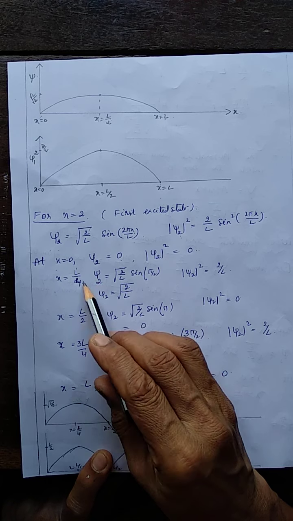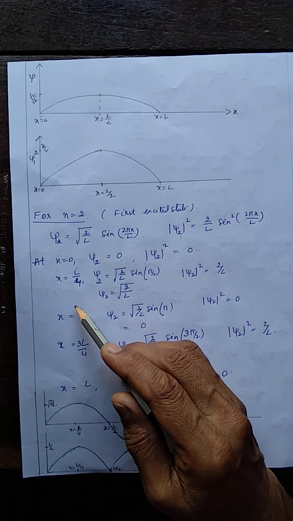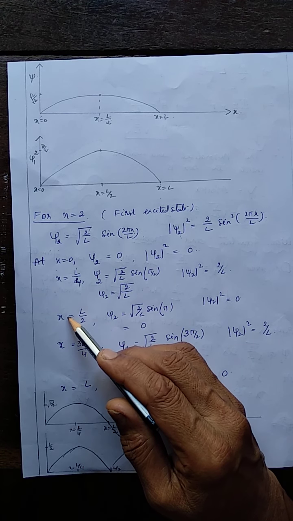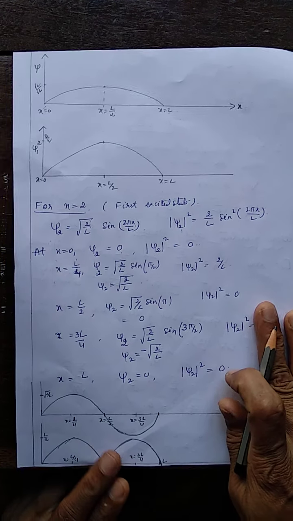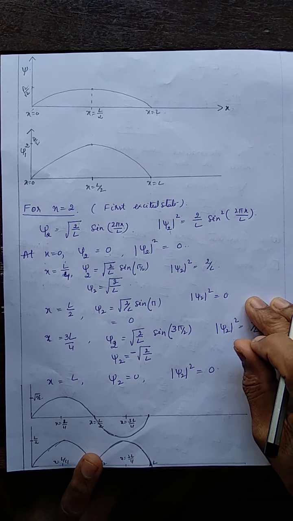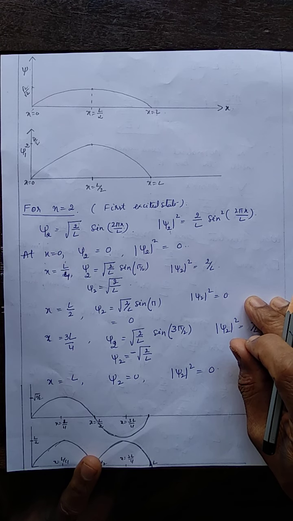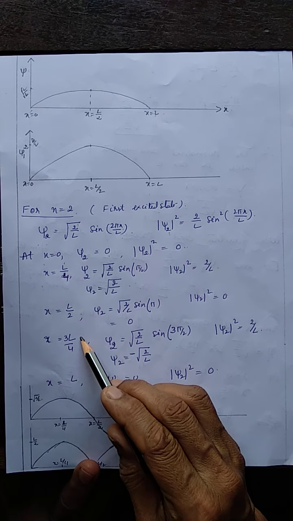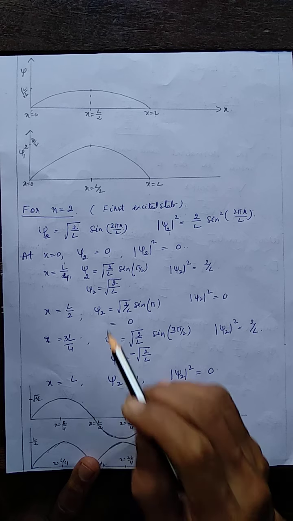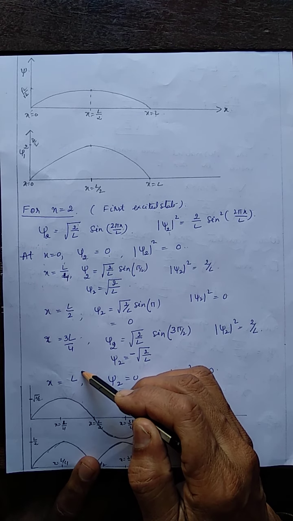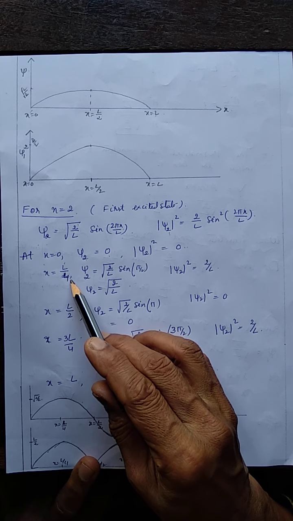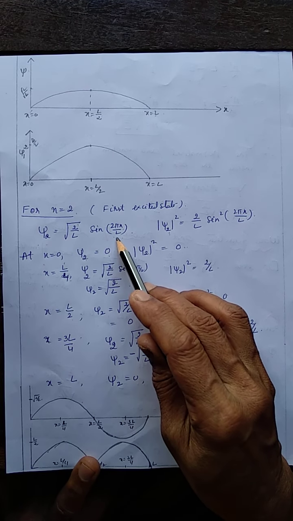Now, for the wave function n equal to 2, we divide the width, 0 to L, into 4 equal parts: L by 4, 2L by 4, that is L by 2, 3L by 4 and L. We find psi 2 corresponding to these values by substituting the x value in this expression.